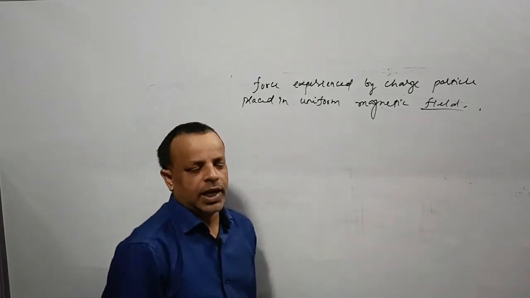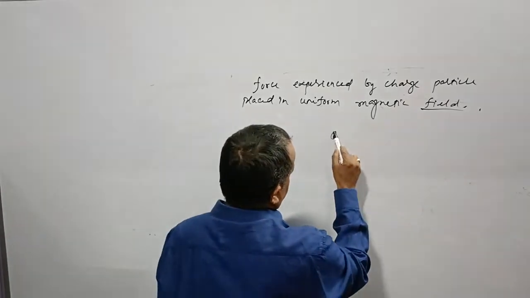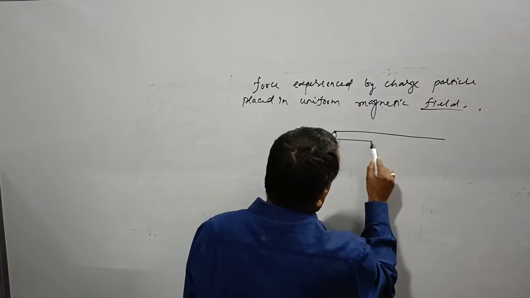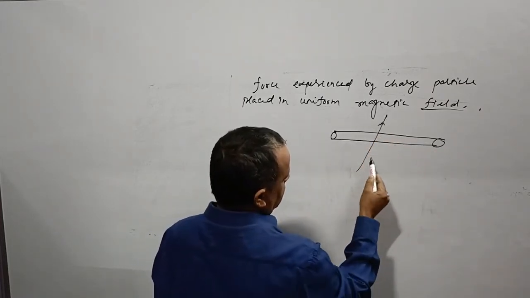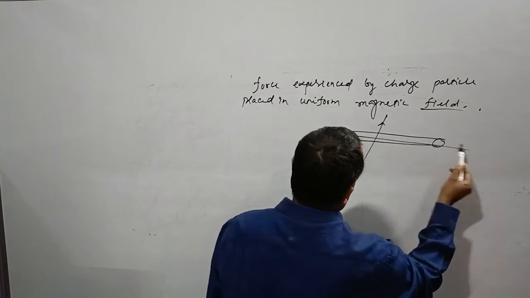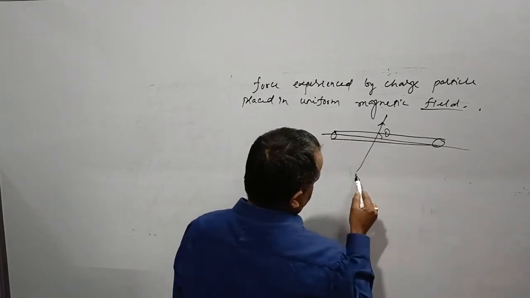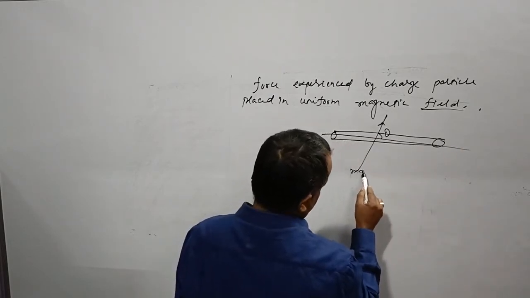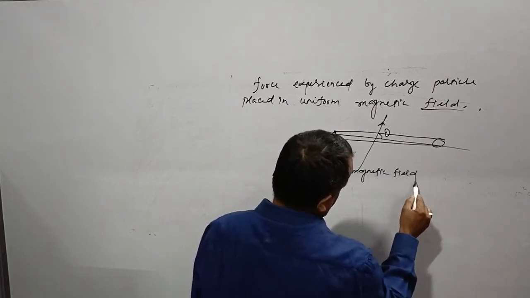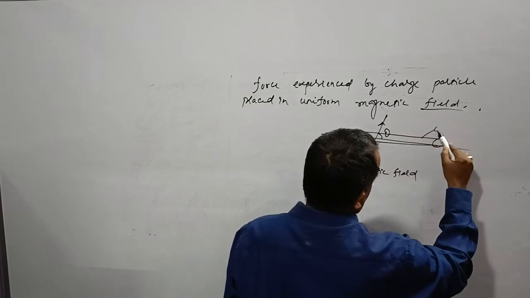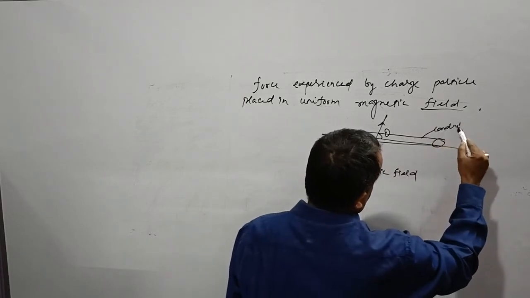Let us suppose this is a conductor and it has been placed in the magnetic field. Let us suppose it makes angle theta with it. This is the magnetic field, and this is basically a current carrying conductor.